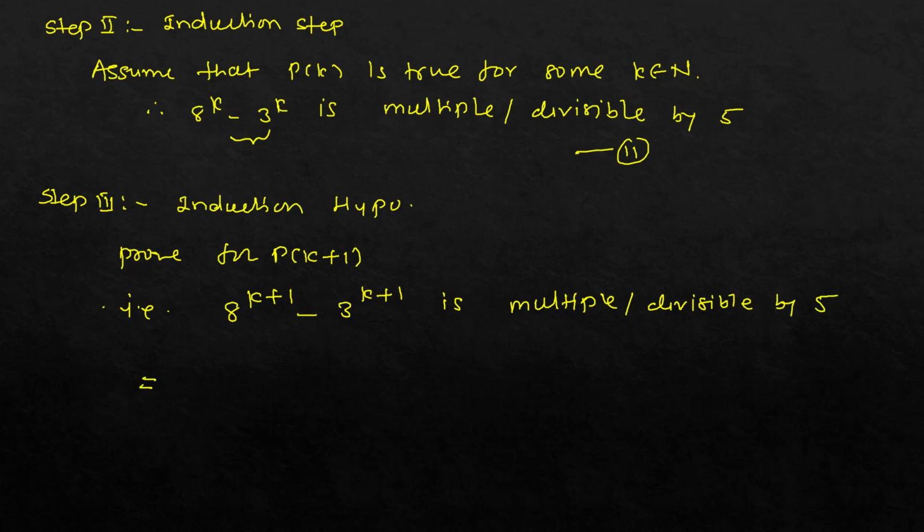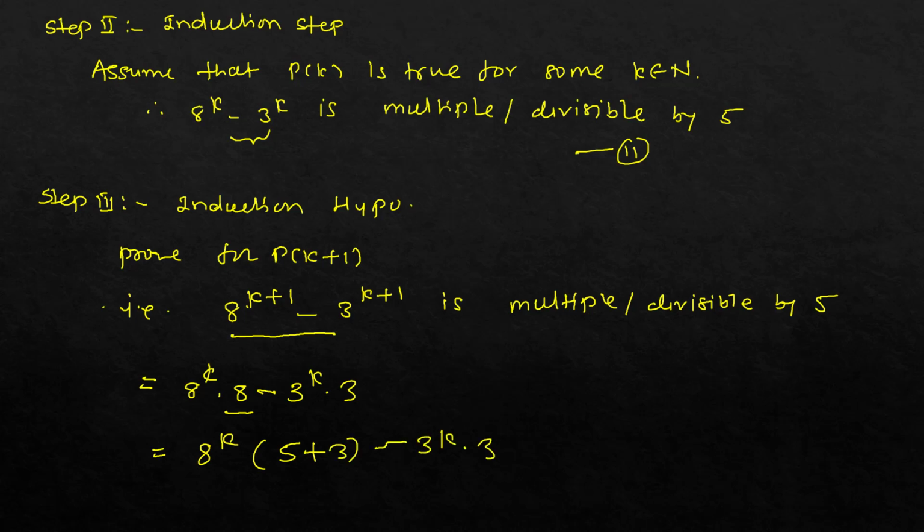Now again, here this is a constant term, so k is replaced by what? k plus 1. So we can write this term as 8 raised to k into 8 minus 3 raised to k into 3. Now split this 8 in such a way that one term is divisible by what? 5. So 8 raised to k, we can write 8 as 5 plus 3, minus 3 raised to k into 3.